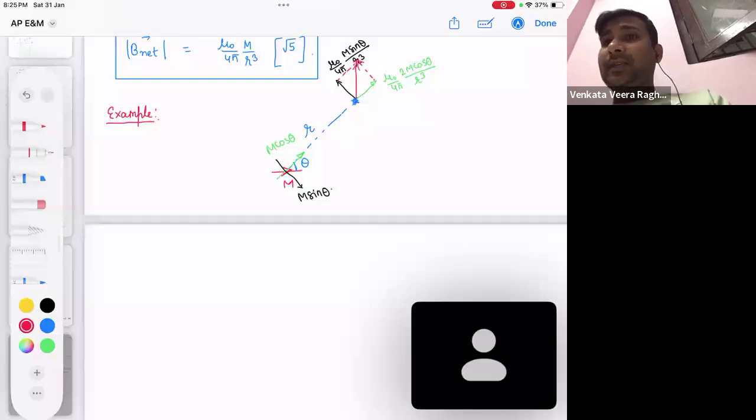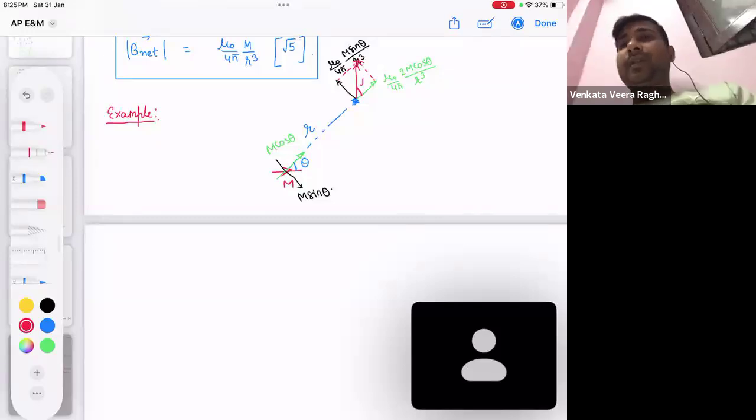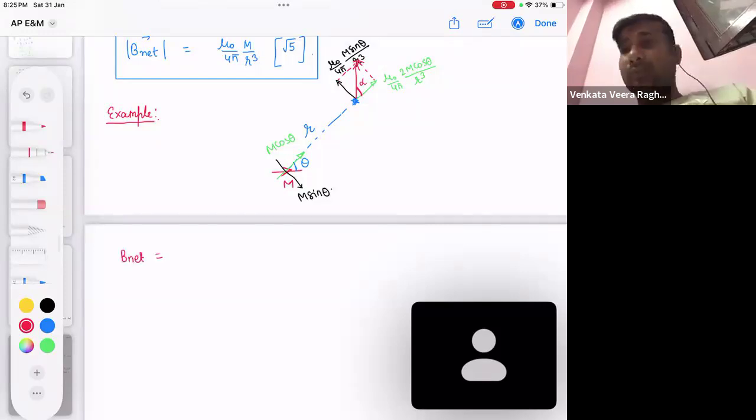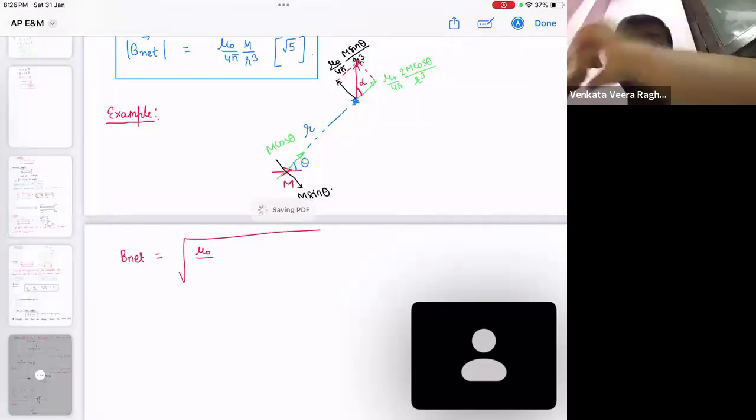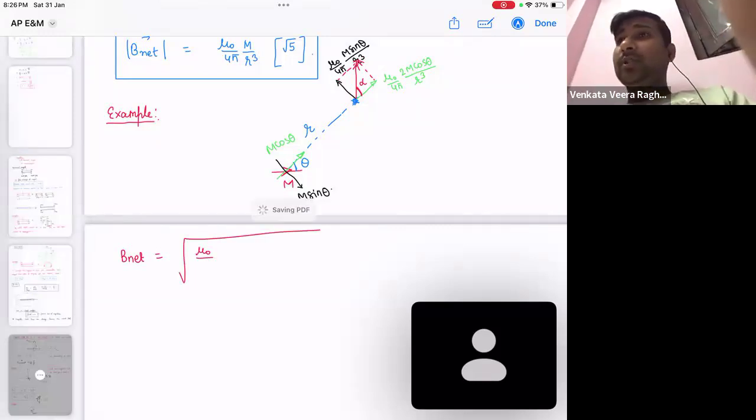It's not a vertical line. Please keep in mind, this is not the vertical line. This is making some angle alpha here. So if I ask you, what is the net magnetic field magnitude, what will you write? Under root of mu naught by 4 pi, just see these two values. Both are perpendicular components, so we can find out the resultant of those two, isn't it?